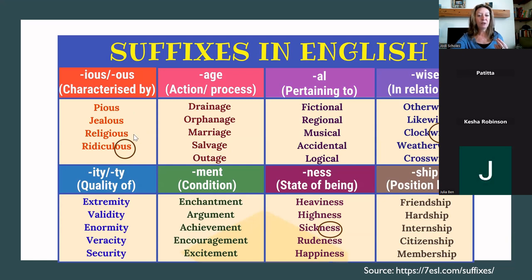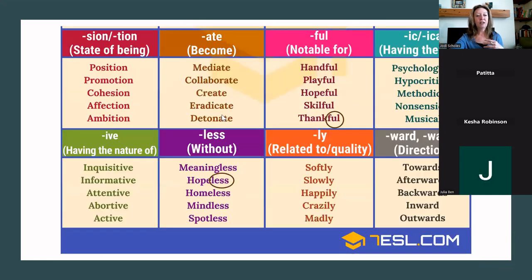But these are just examples of suffixes. So religious, ridiculous. Here's a few more: hopeless, thankful. These are all examples of letters that come at the end of the word, called a suffix, that enhance what that word is saying. And thank you to 7ESL for my charts here.